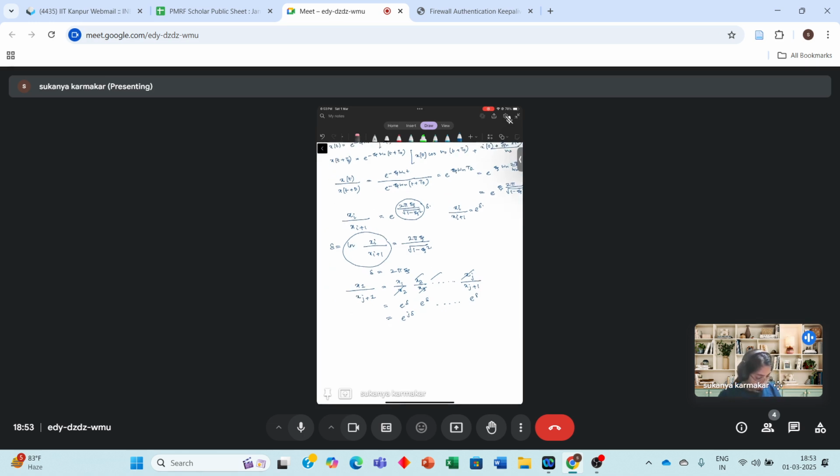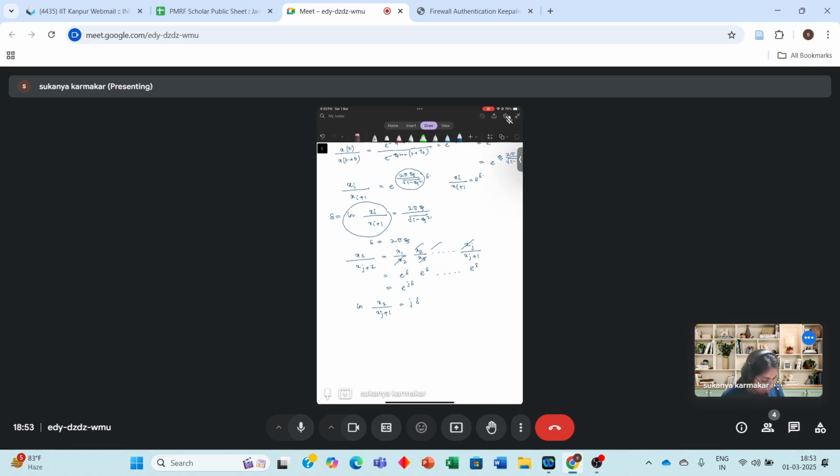If I take ln on both sides, ln of x1 by x(j plus 1) is j times delta, or delta is 1 by j times ln of x1 by x(j plus 1).